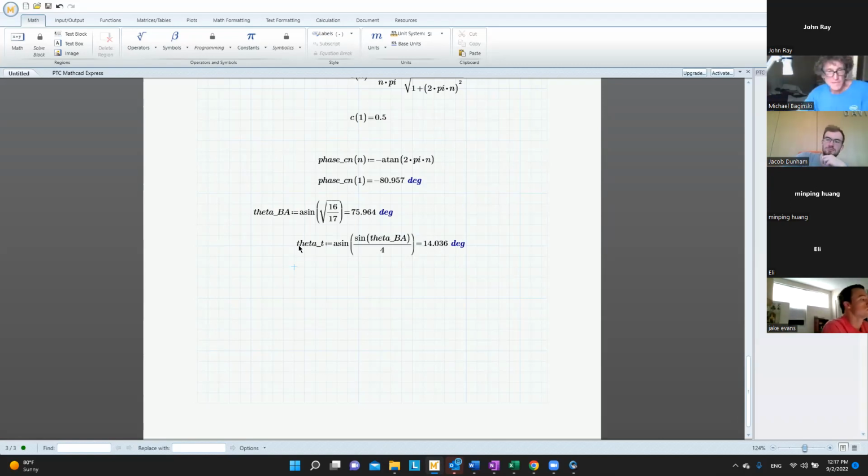So now getting back to this, that's 14.036 degrees. And the incident angle, or the Brewster's angle, is 75.964. And now the E field for the TE mode.